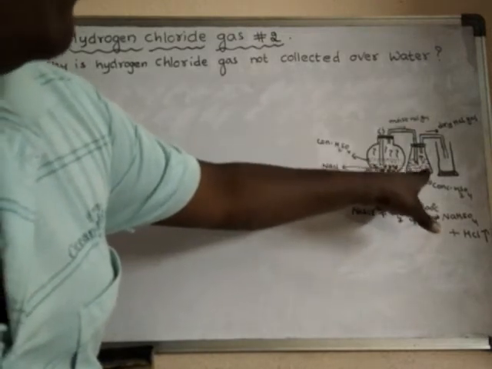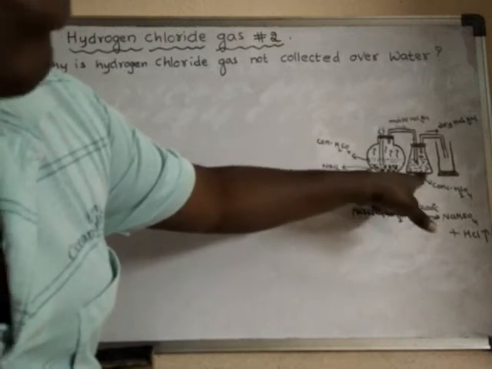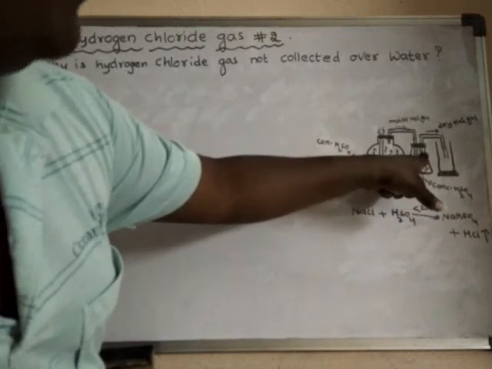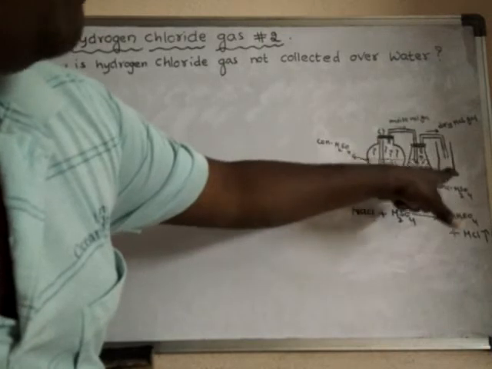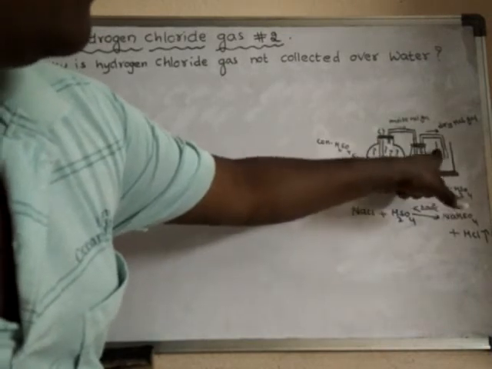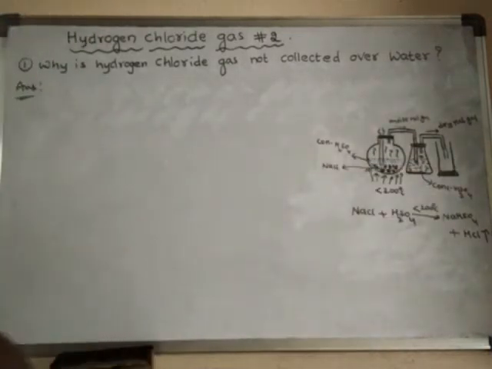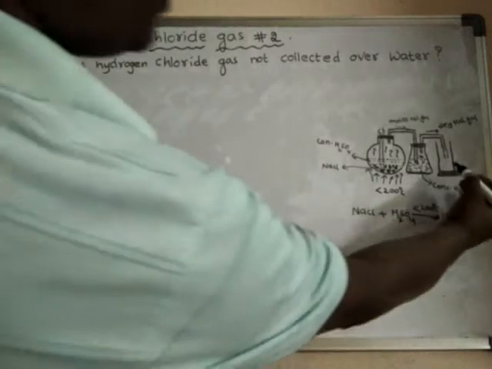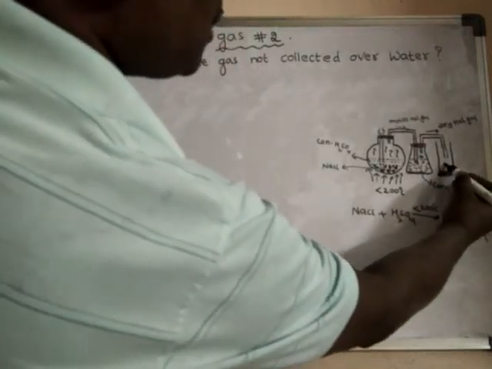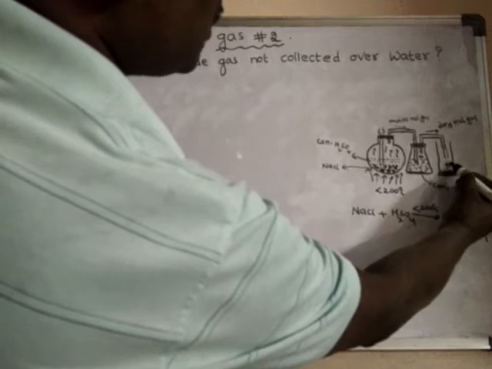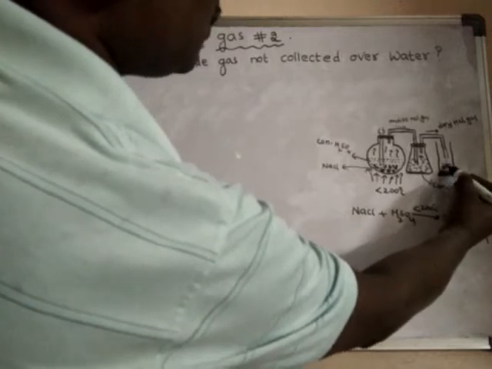When the water content is removed, it becomes dry HCl, and that dry HCl passes into the gas collecting jar. So here the HCl gas is collected.